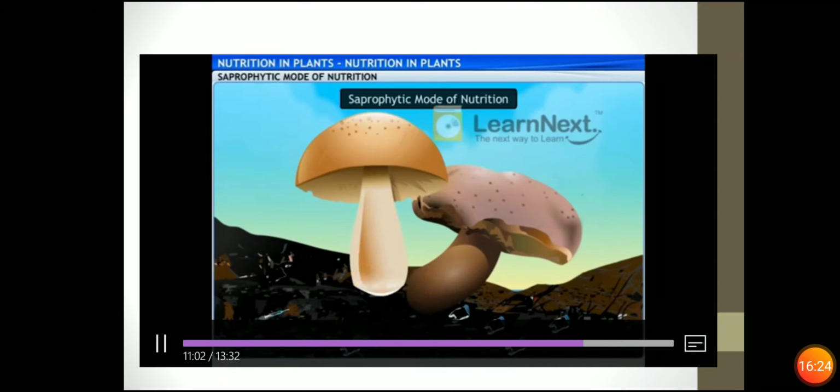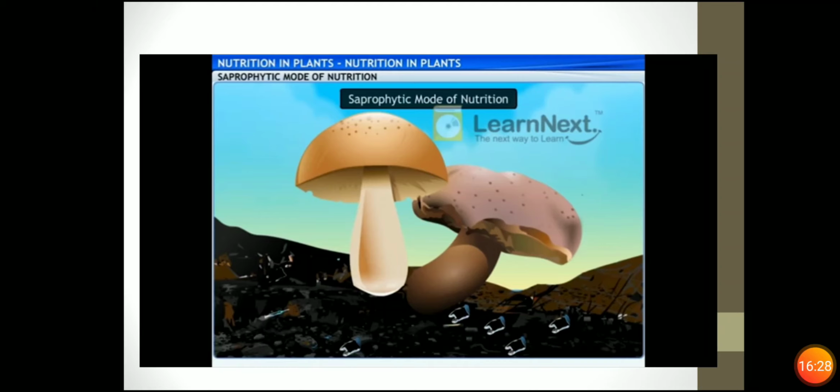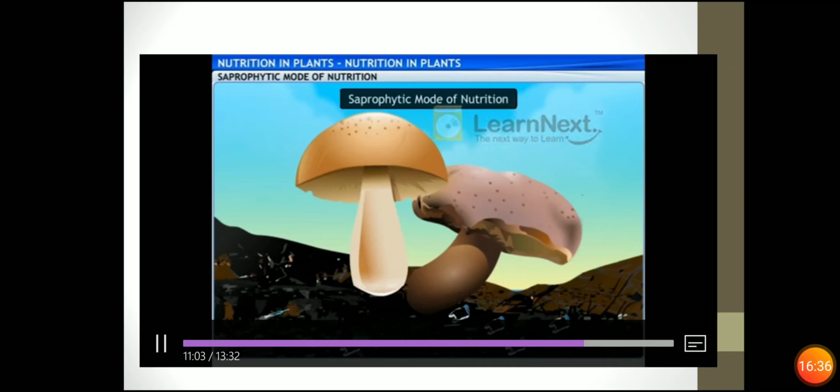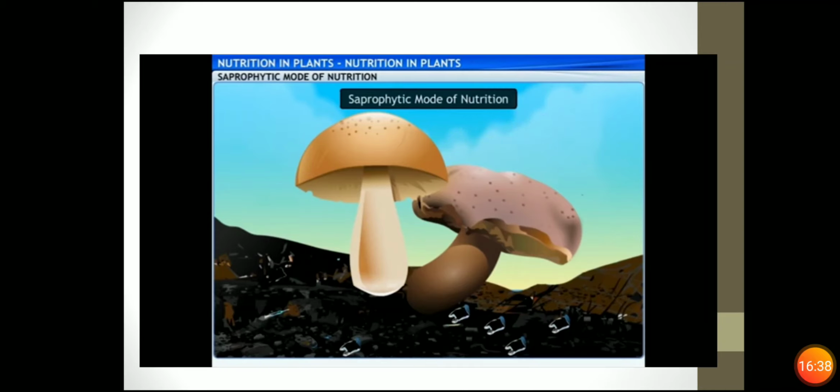The organisms are known as saprotrophs. Plants which use a saprotrophic mode of nutrition are called saprotrophs.